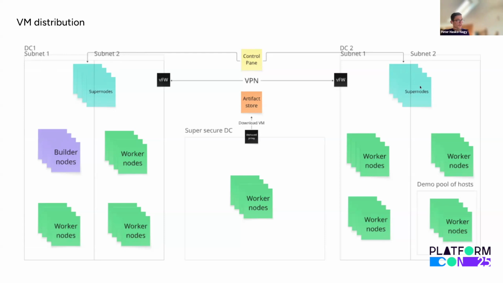And at the same time, the agents on the supernodes in DC2 also started to look for the new stack chunks. And as the DCs are interconnected and the agents are paired, it will find the chunks on the DC1 supernode, and it will start to download to this DC.